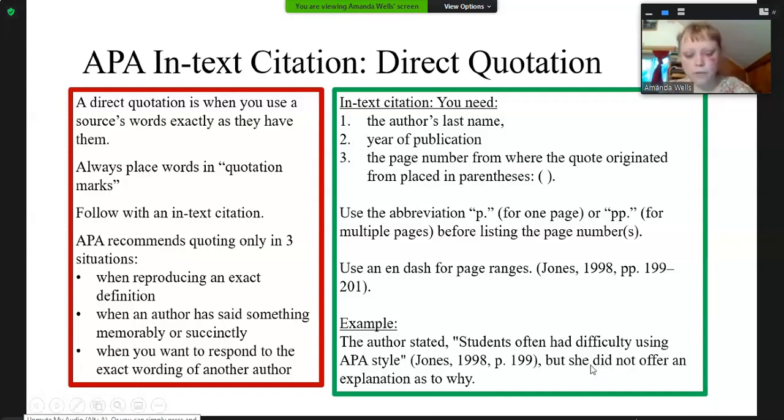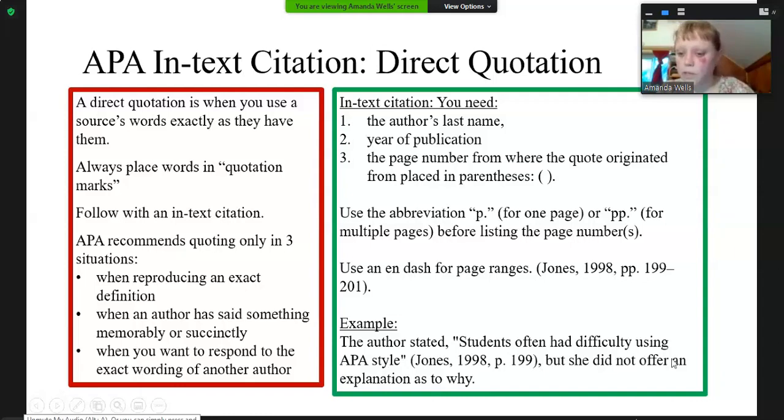So here's an example of this where someone quoted, students often had difficulty using APA style. Jones, comma, I forgot to go over commas, but that's where a comma would go in an in-text citation. The date, comma, page number, period, and then the page they took it from.